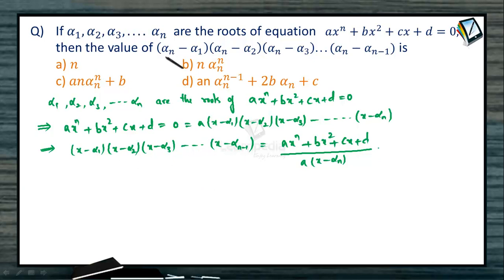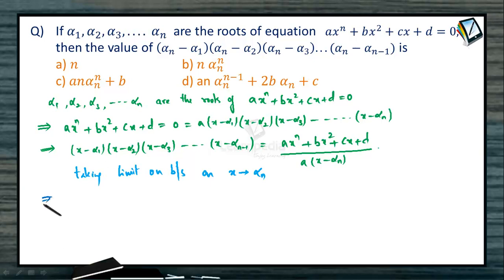Now look at the required product, (alpha n minus alpha 1), (alpha n minus alpha 2) so on up to (alpha n minus alpha n minus 1). So what happens if we take limit on both sides as x tends to alpha n? How will this equation change?